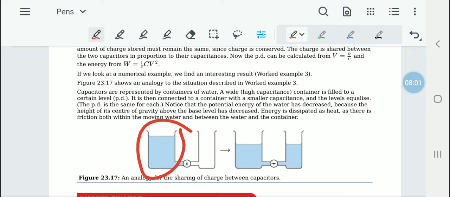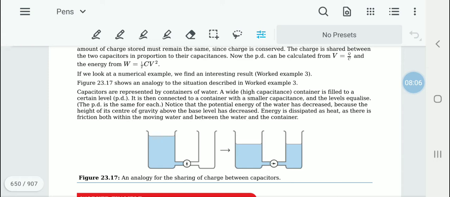It is connected to another capacitor which has a smaller capacitance. When it is connected, there is a net flow of charge from the first one to the second one. As a result, the potential energy of the water has decreased because the height has decreased. Just like that, the potential has decreased in the capacitors as well.